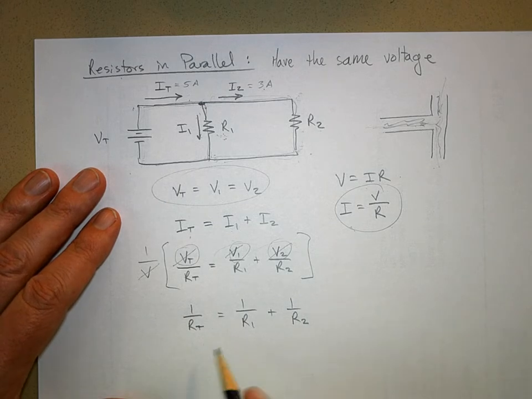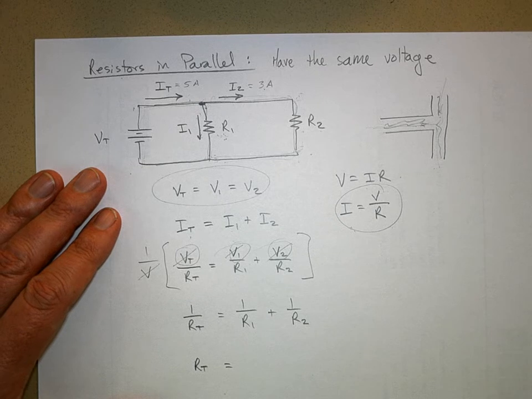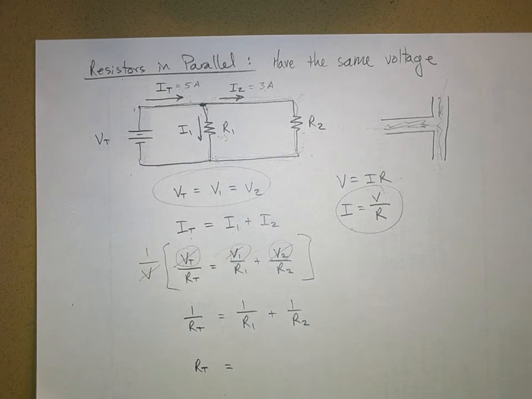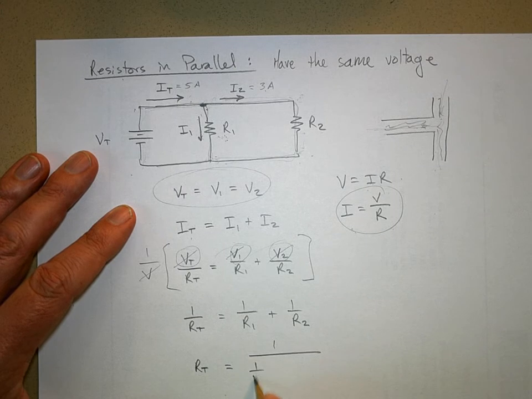I'm going to say RT, that's the reciprocal of this, is equal to, now you can't just reciprocate these and get R1 plus R2. Won't work. You have to reciprocate the whole thing. 1 over R1 plus 1 over R2.